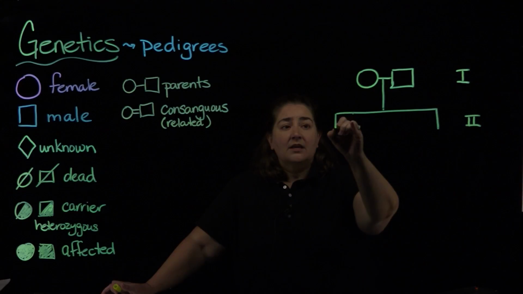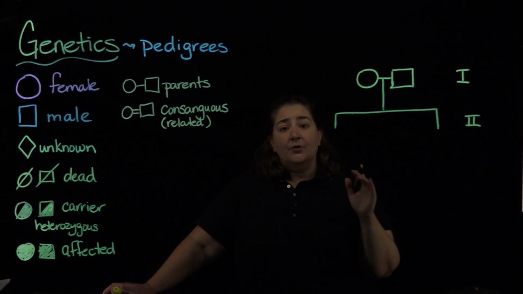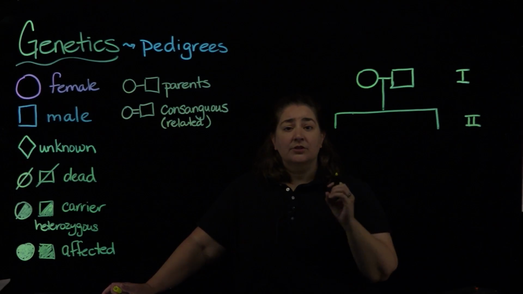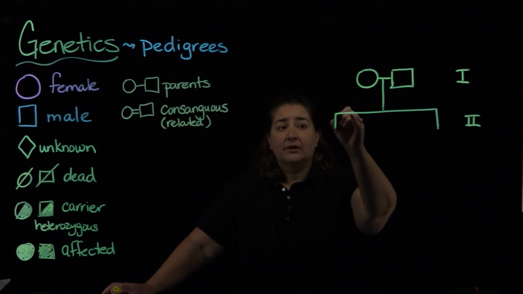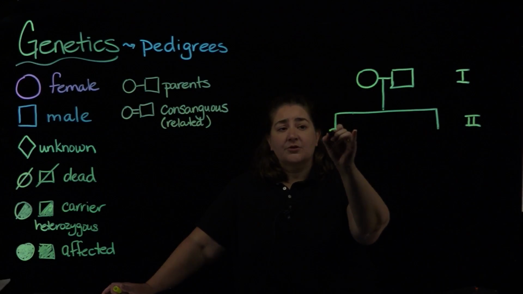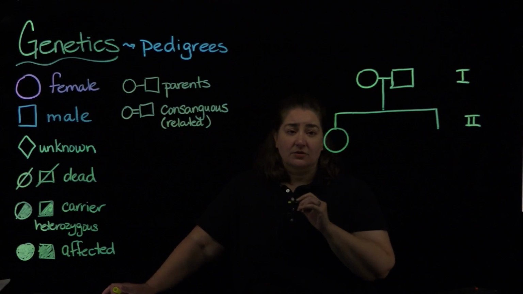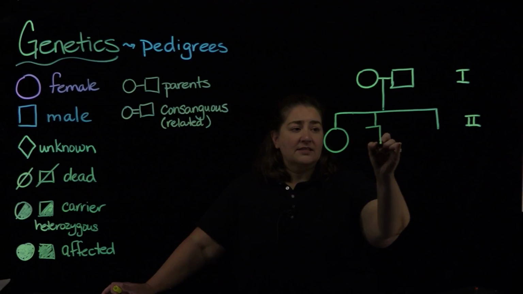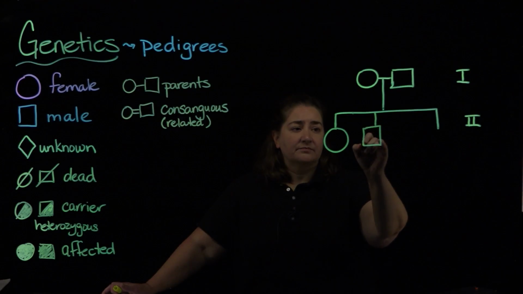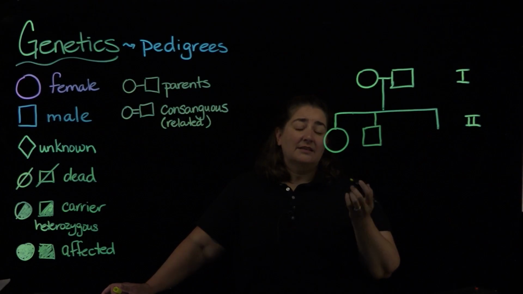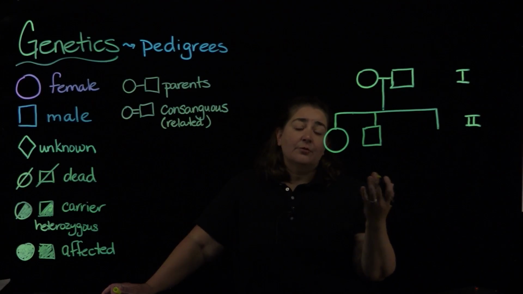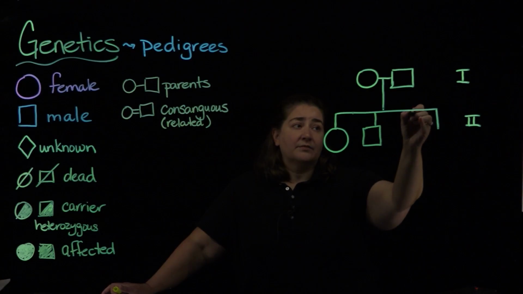And with pedigrees, birth order is going to be important, so we're going to go from this side to this side in order to define birth order. Our first child born here, if we make this a circle, would be a female. We can make our second child male. Typically, I'm putting these in, it would follow whatever the birth order is for the particular family that you're following.